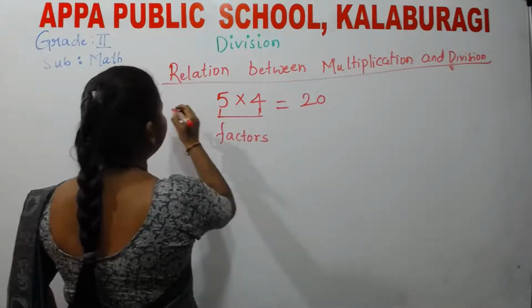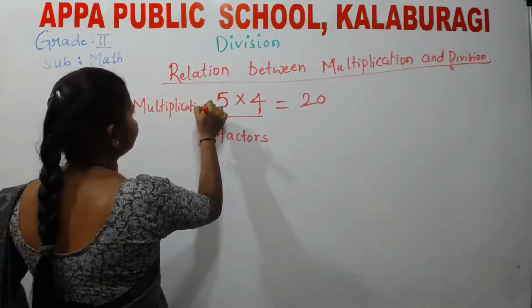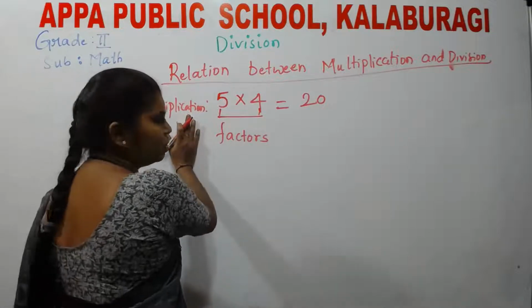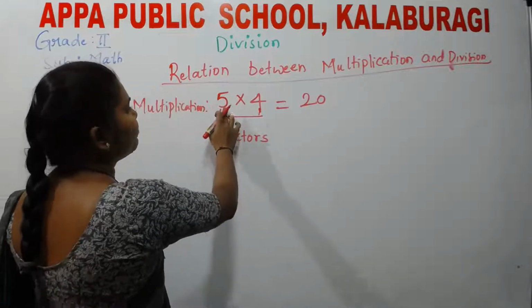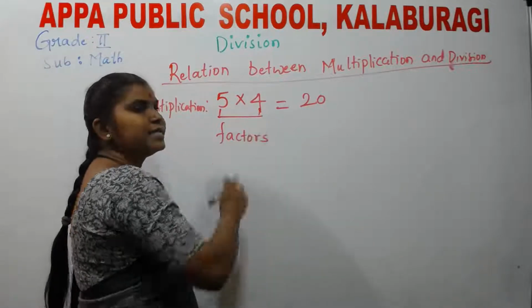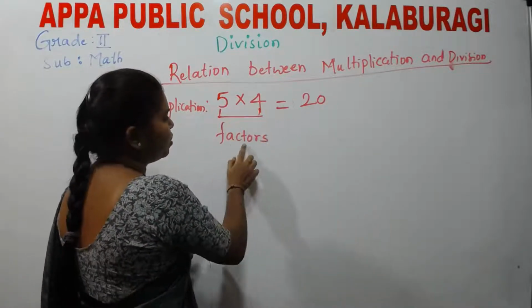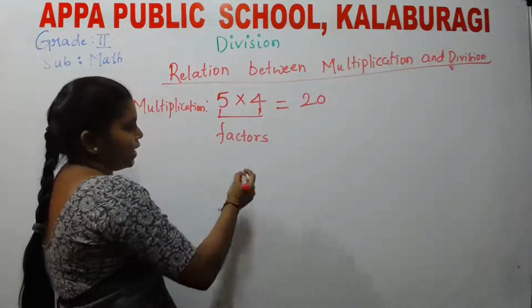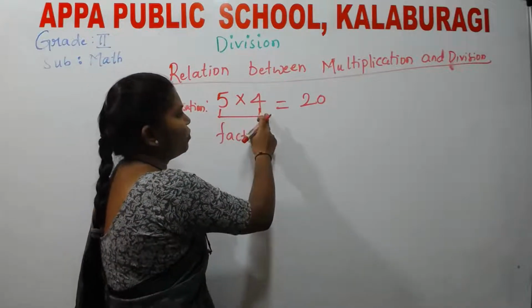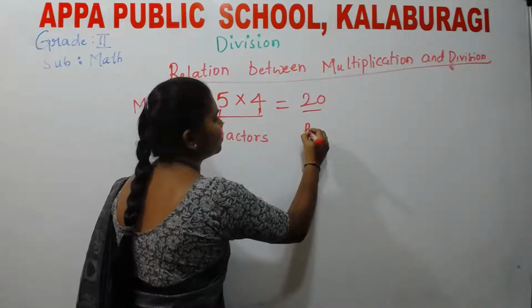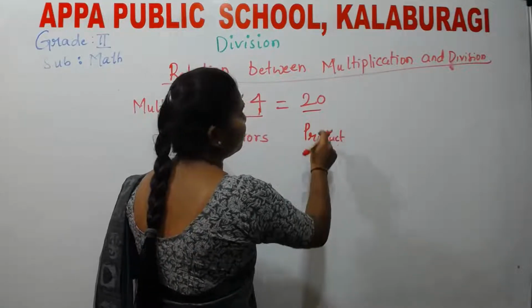In multiplication, 5 into 4, these are called factors. When you multiply these two factors, 5 and 4, we get the product, 20.